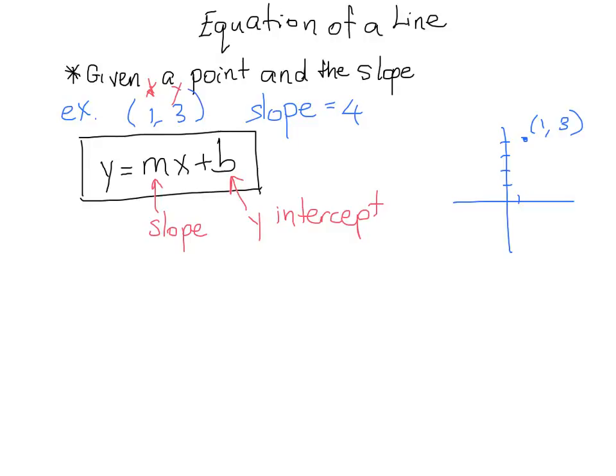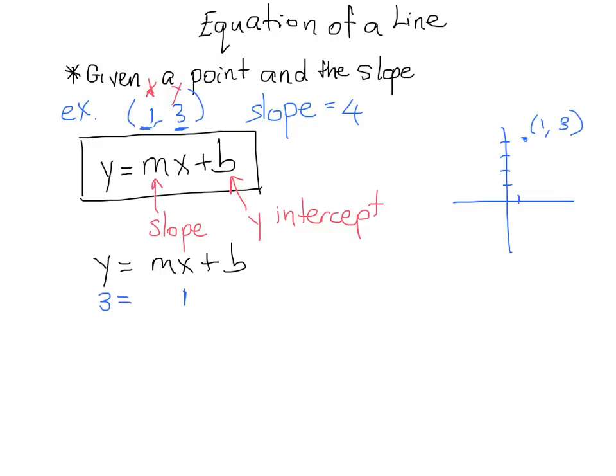We can plug into the general form, y = mx + b. Since we have the point (1, 3), we can plug in that y is 3, and that x is 1, which comes from our point as well.